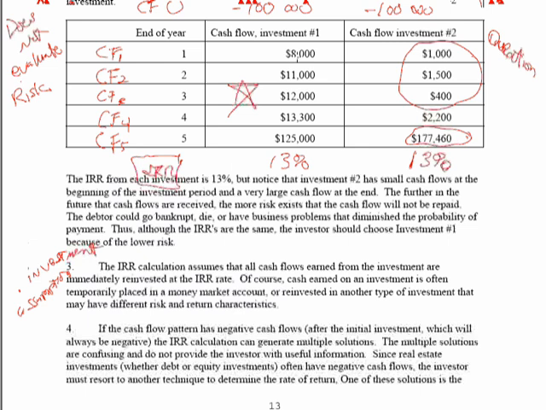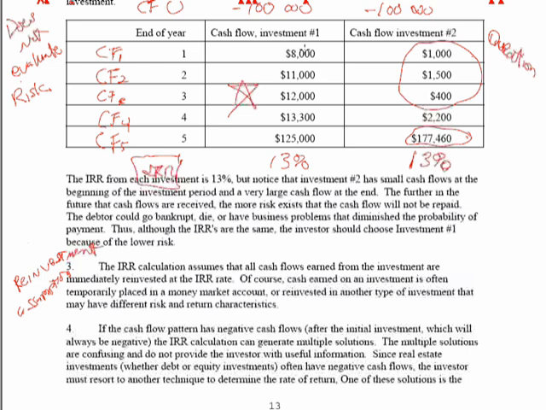Okay, so that means that when you receive $8,000 in year 1 from investment number 1, that $8,000 is immediately invested at the internal rate of return. It's put in some account that's generating a 13% return. Same thing with cash flow number 2 of $11,000.